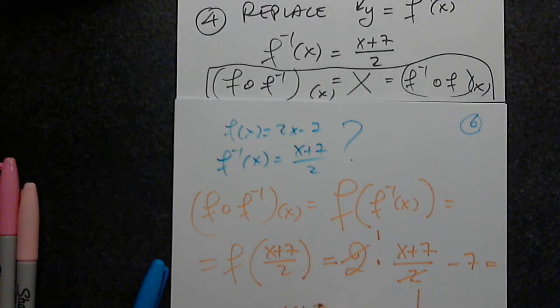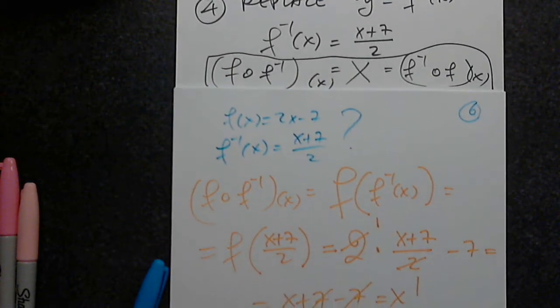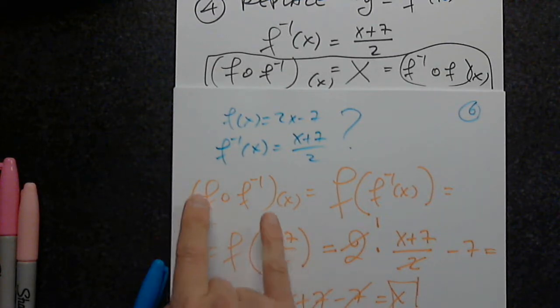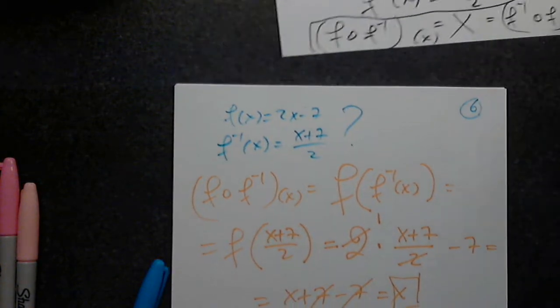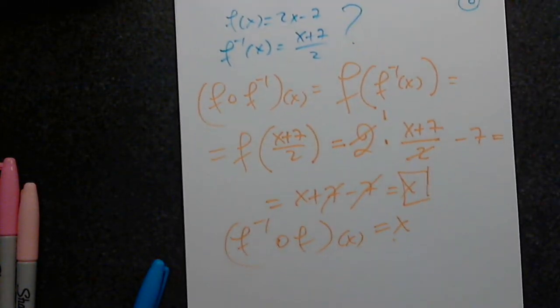We have x plus 7 minus 7, which indeed is x. So now there is no other way. It must be the inverse function. We would have never gotten plain x if these 2 were not inverses of each other. And of course, f inverse of f must be x as well. We normally have to show both.